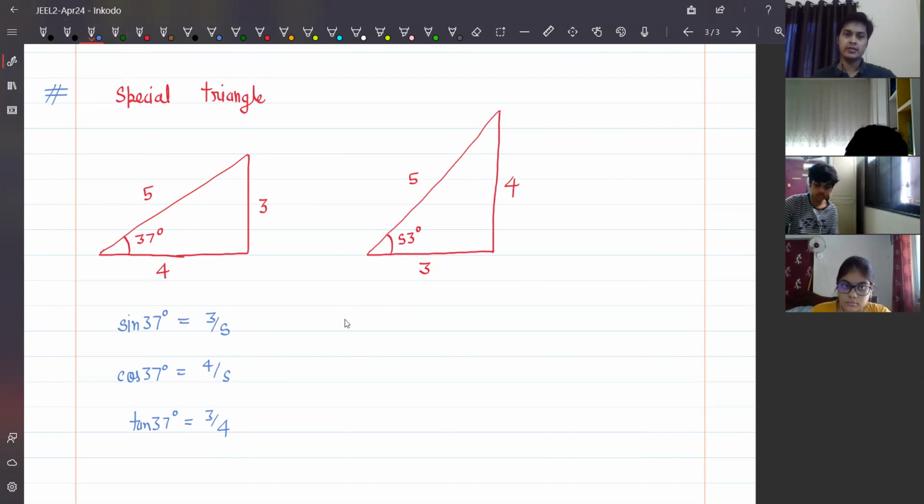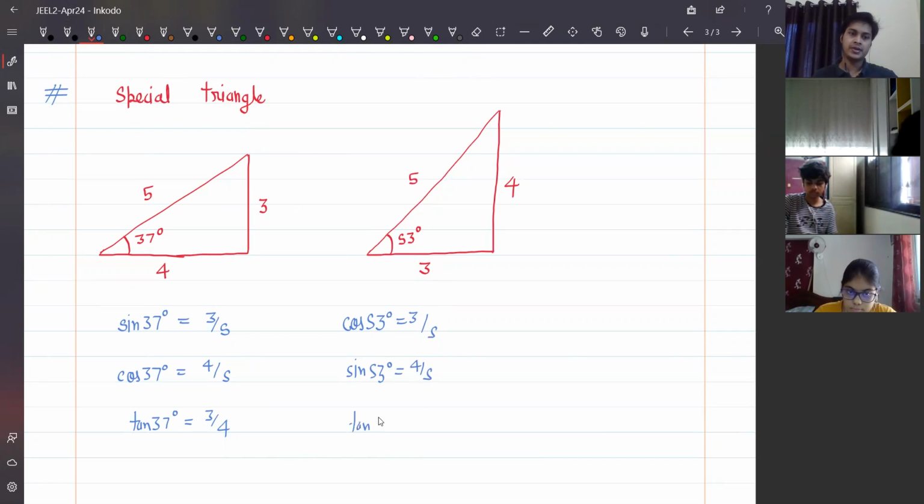So sine 37 will be equal to cos 53. Cos 53 is 3 by 5. Sine 53 is 4 by 5. And tan 53 is 4 by 3. If this angle is 37, then this angle is 53, of course, because these two are right angles.